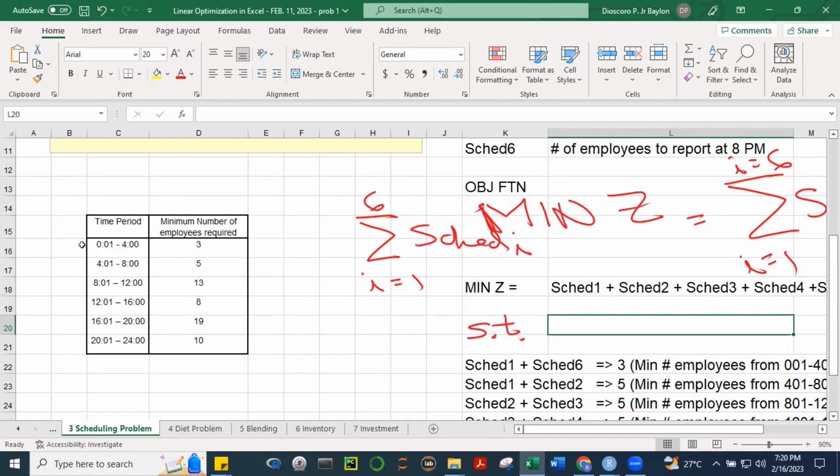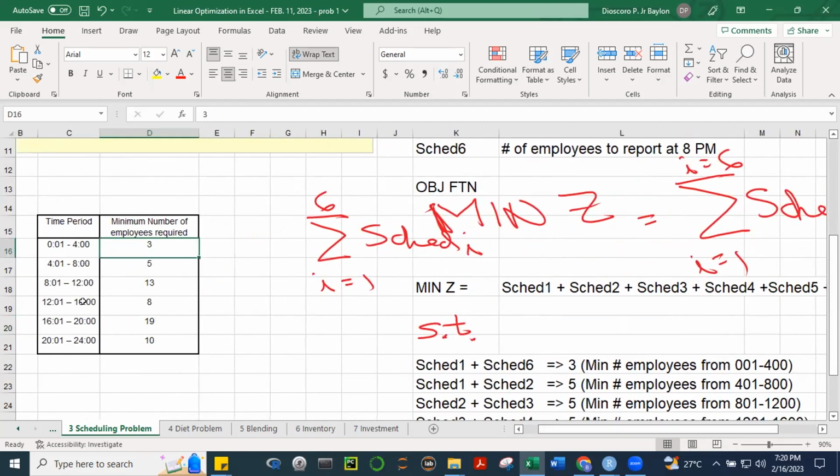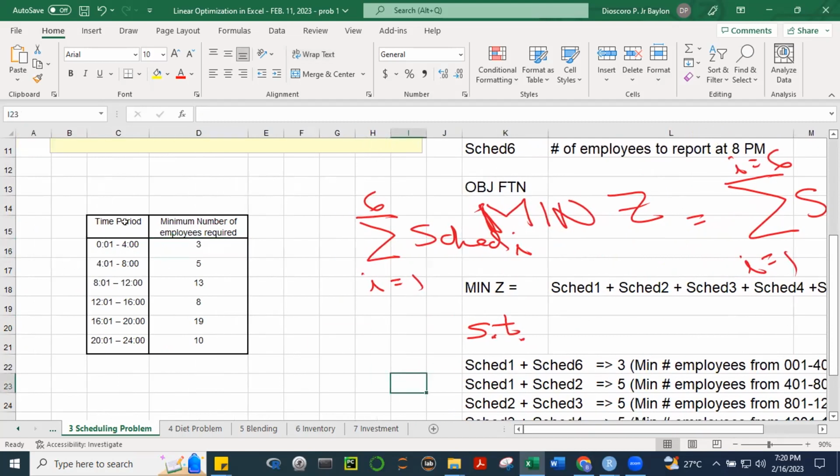Because this is the constraint, right? These are constraints. We have this right-hand side constraint, so you just have to add the left-hand side.